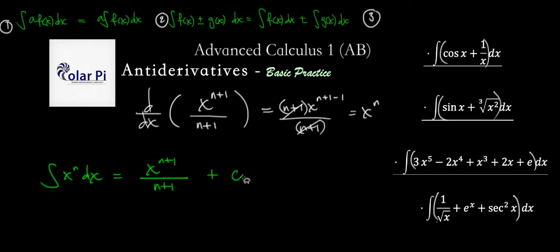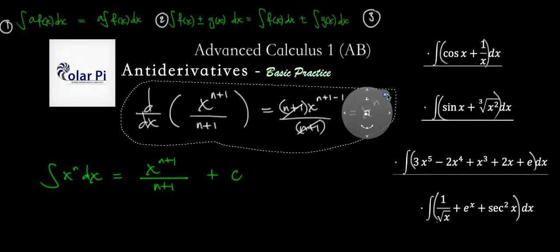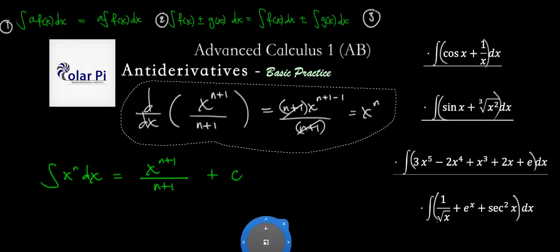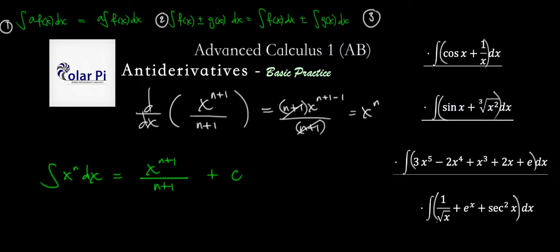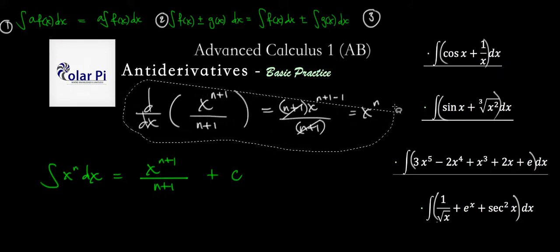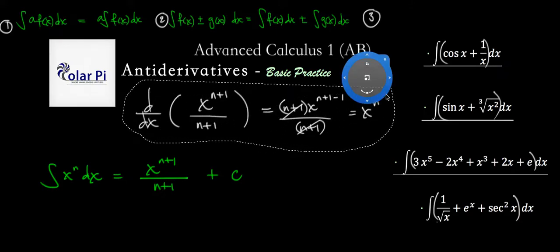So you can even think of it in the terms we talked about earlier, forward and backward movement. It makes perfect sense that the antiderivative of x to the n is x to the n plus 1 power divided by the number n plus 1, and of course possibly a plus c. Okay, cool. I need to get rid of this because we need to start getting on the practice problems.